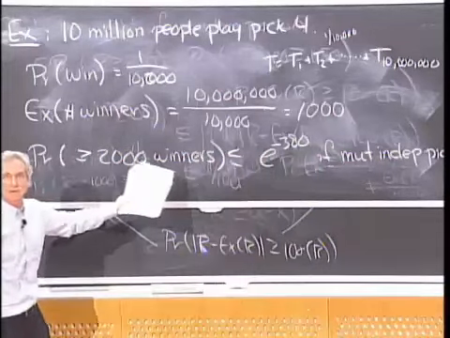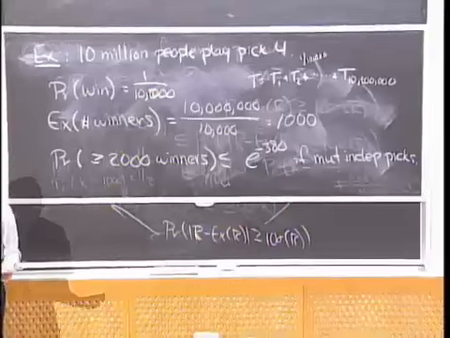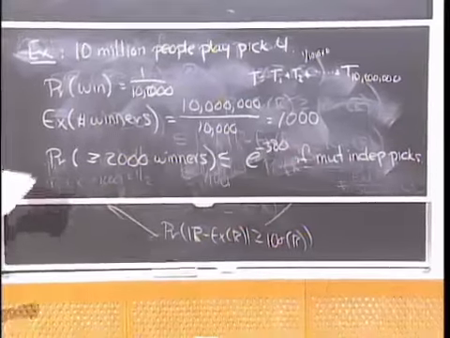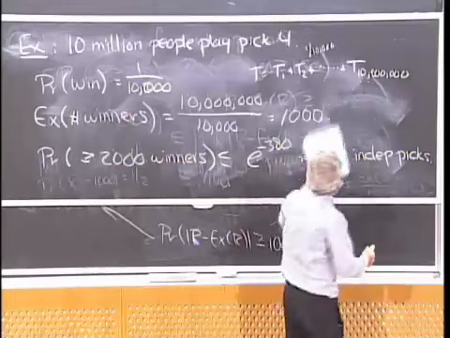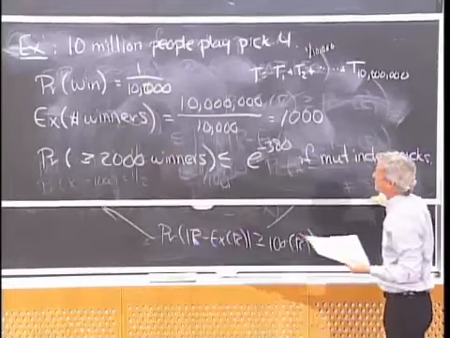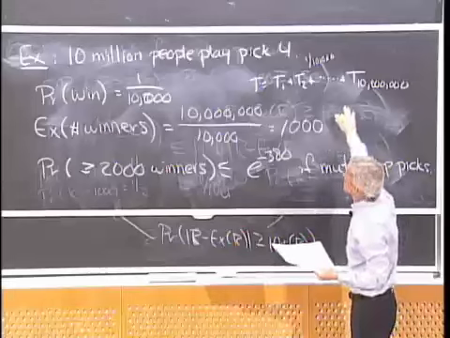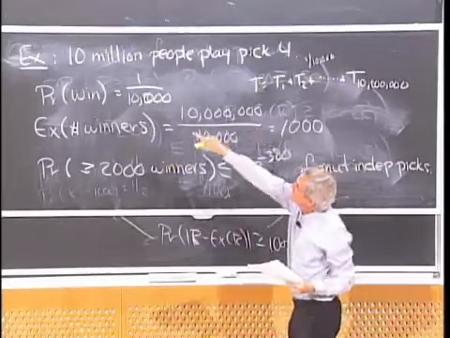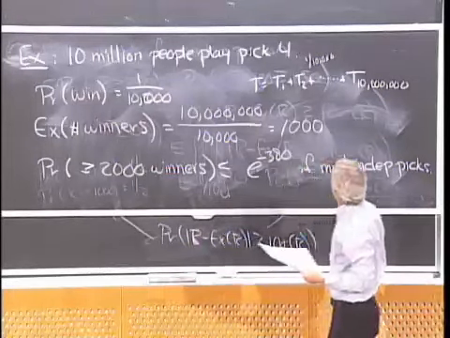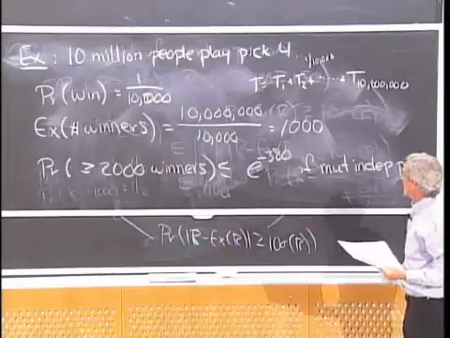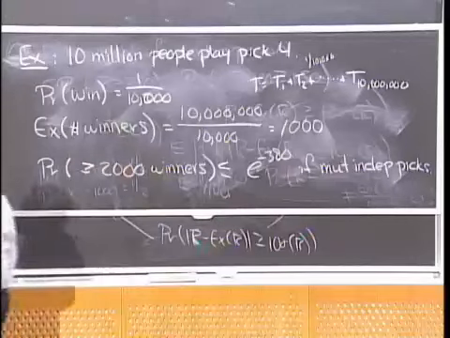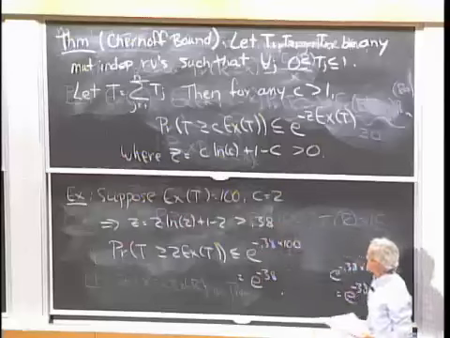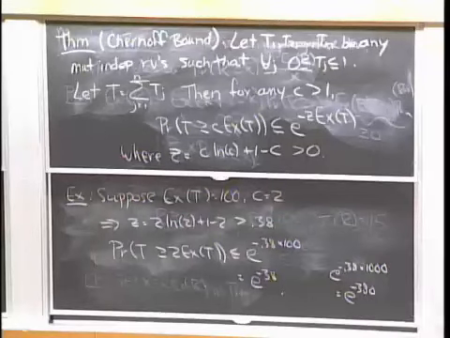Everybody see why we did that? Because it's the probability of twice your expectation. The total number of winners is the sum of 10 million indicator variables, and indicator variables are 0 or 1, so they fit that definition up there. All right? And so we already figured out z is at least 0.38, and you're multiplying by the expected value of 1,000. That's e to the minus 380.